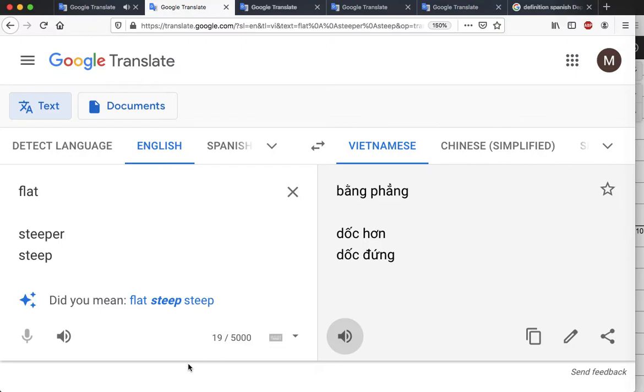Here are the Vietnamese translations for those three words. Flat, steeper, steep: bằng phẳng, dốc hơn, dốc đứng. In Spanish, flat is plano. Steeper is más empinado. Steep is empinado.